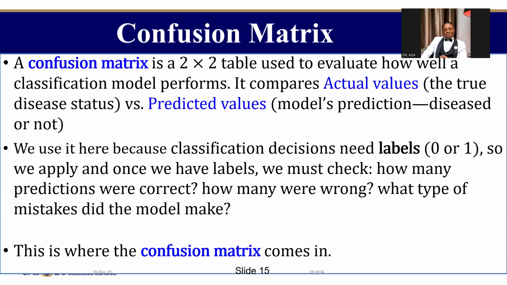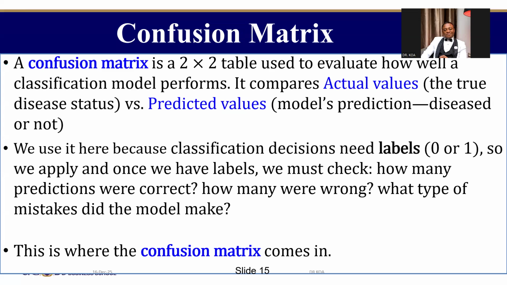We use it to check how well a classification model is performing, and a logistic model is a typical example of a classification model. How is it performing? Let's compare the actual values of the disease, which is the true disease status, versus the predicted values of the disease, what the model is telling us. Let's compare the two.